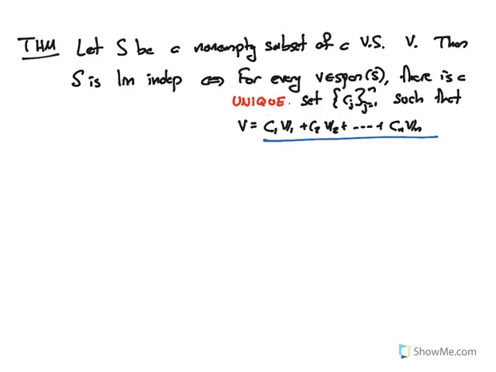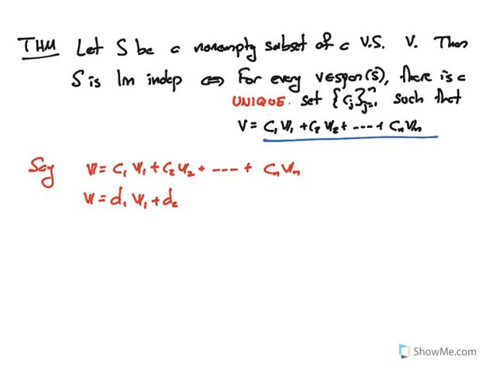And why is this? Again, we'll just sketch the proof. This is really quite straightforward. Say you have a vector v that's written as a linear combination like this, and then suppose that v can also be written like this.